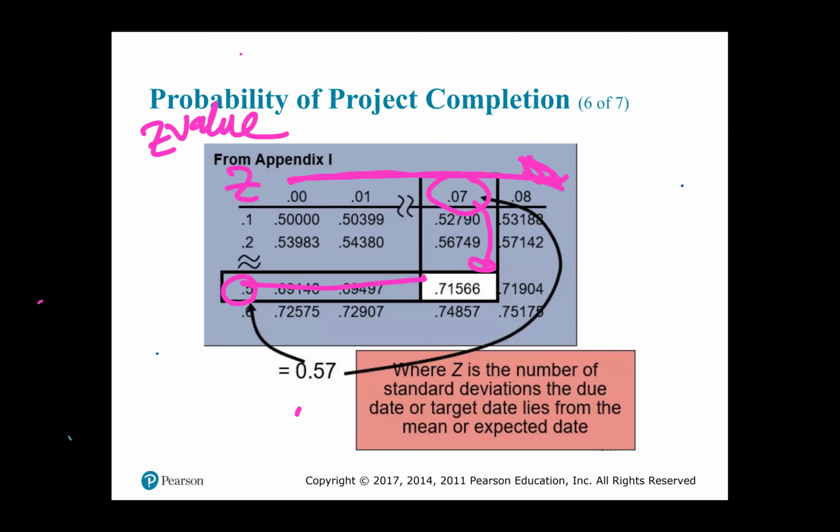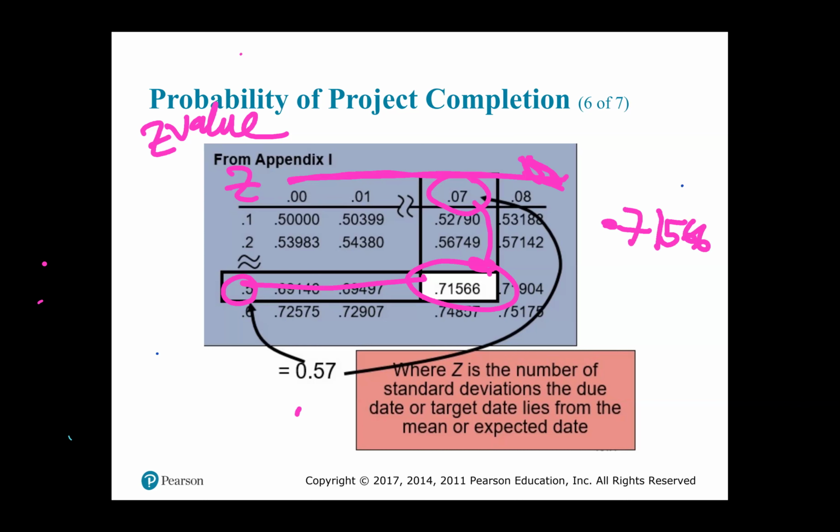So there, that's shaded in white. So it's 0.71566. So we say that the probability that you're able to deliver the project on or before week 16 is 0.71566.